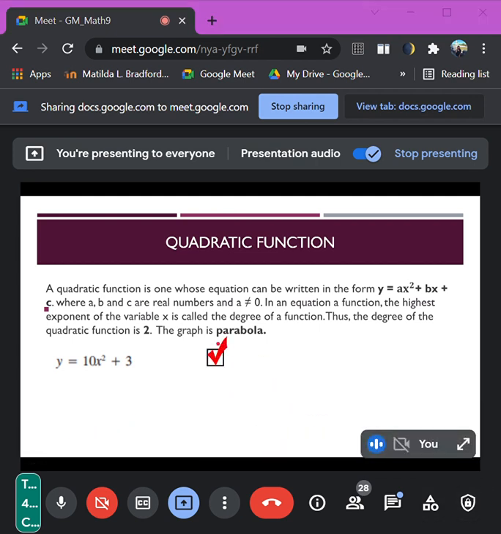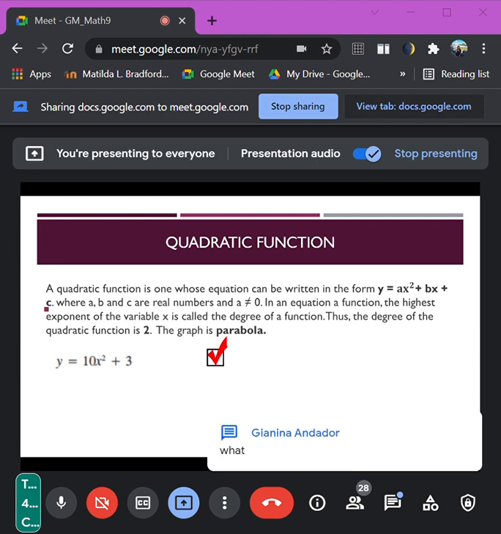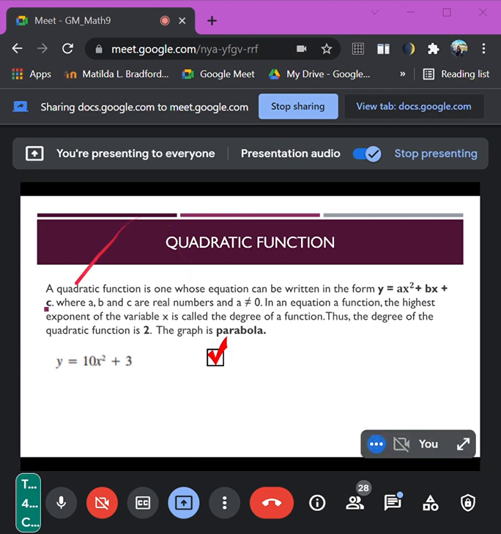Okay, so it's okay class that there is no linear term, as long as your highest degree should be 2. Okay? That is the basis, class. Your highest degree should be 2. In our standard equation, it's okay if there is no linear term, as long as we have ax squared.